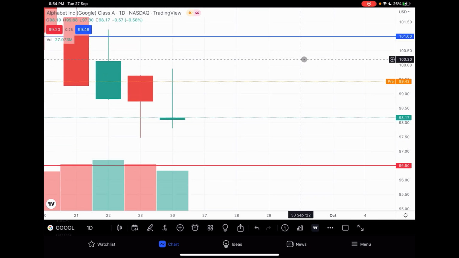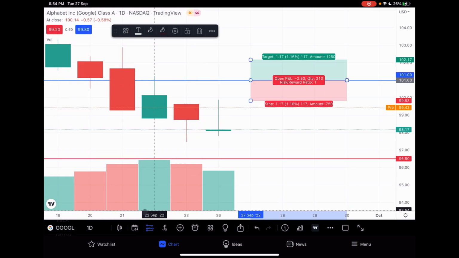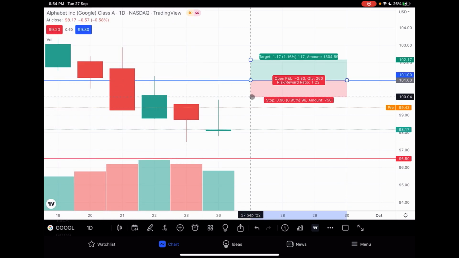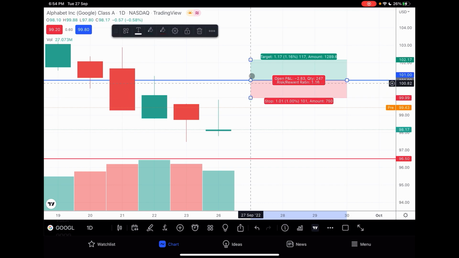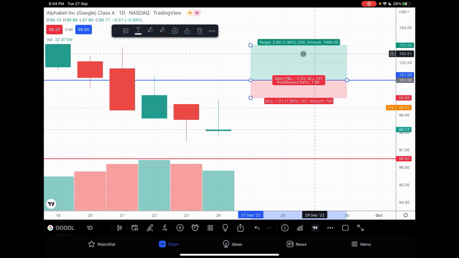Next, what do you need? You need the stop loss and the target. For the long position, the stop loss is $1 and the target is $2. The first target is $2.